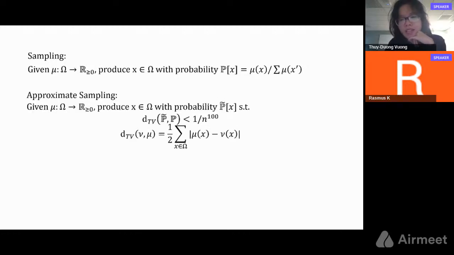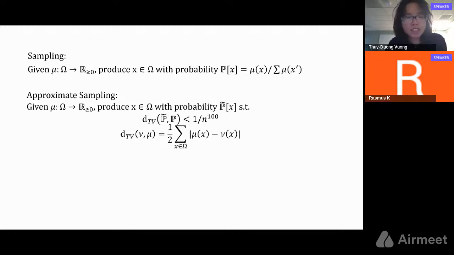And then a somewhat easier task is to approximately sample. So instead of outputting x according to p(x), we output it according to p tilde(x), so that the total variation distance between p tilde and p is at most some 1/n^100. So we want to produce p tilde that is very close to p in total variation distance.